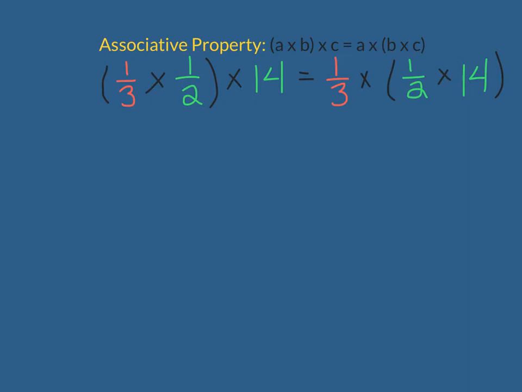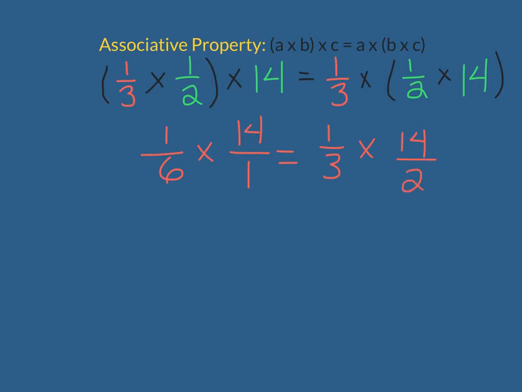We multiply the first two, and we get 1/6 times, we bring that 14 straight down, but I'm going to turn it into a fraction so it's ready to multiply. On the right, equals 1/3, we bring that straight down, times, now we have 1/2 times 14. That would be 14 over 2.